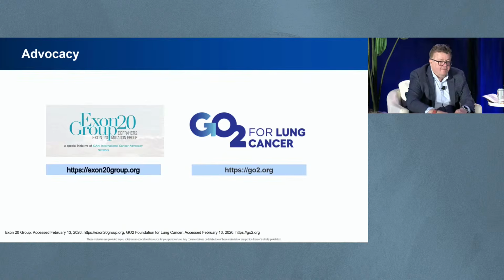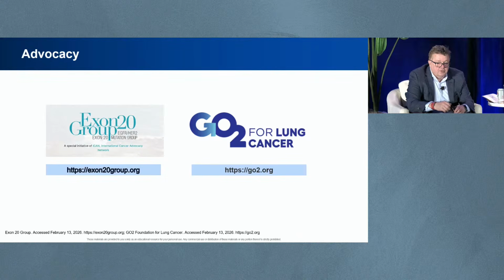There are also other advocacy foundations, including the Exon 20 group, which focuses on both EGFR and HER2 exon 20 mutations, the TKD domain mutations, and can provide information on clinical trials, as well as general information about what is happening in this space and what kinds of new therapies are being developed.